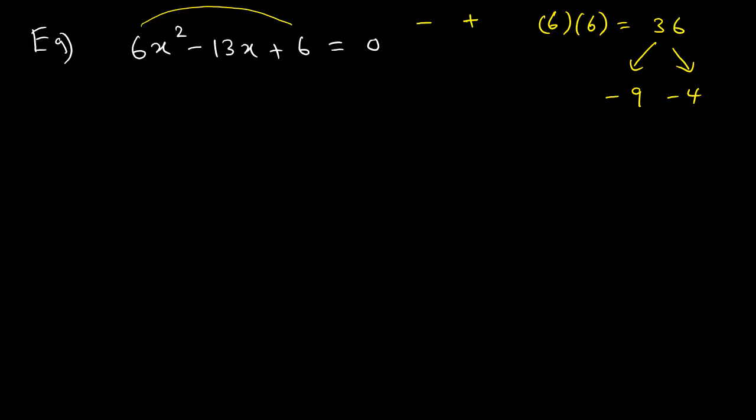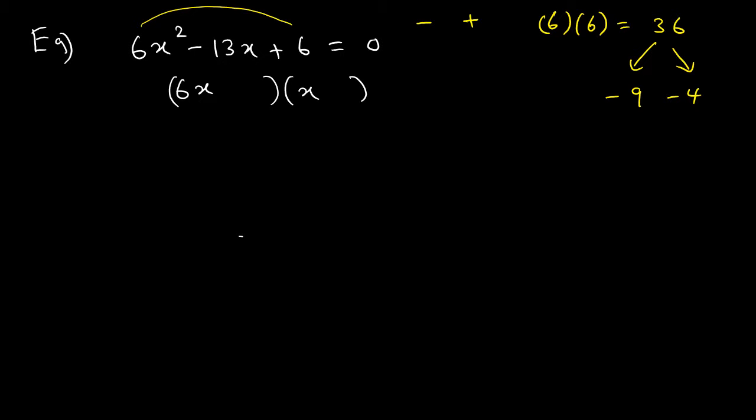So now, after we find the two numbers, we can write the factoring. You can see that this is negative 9 and negative 4. Can there be a factoring like 6x and x?